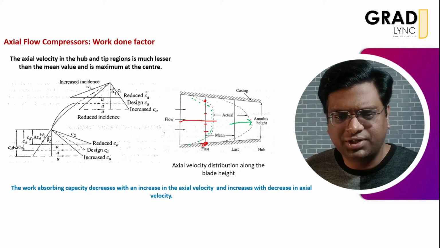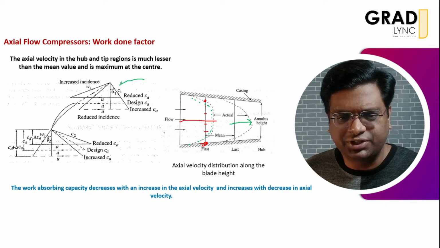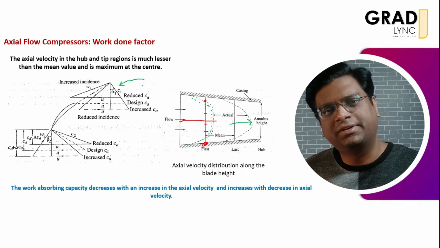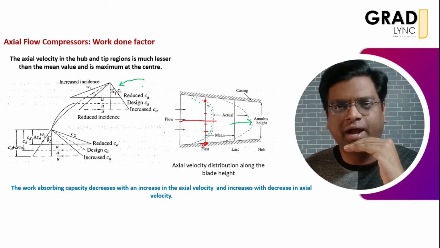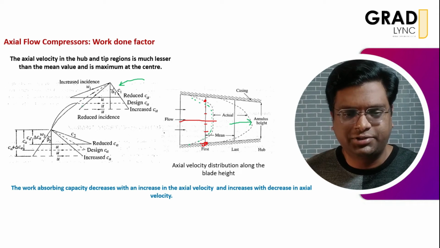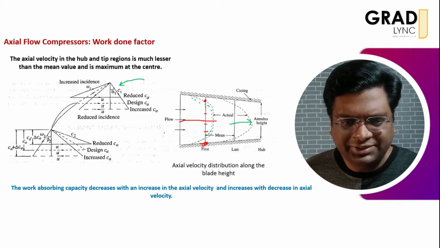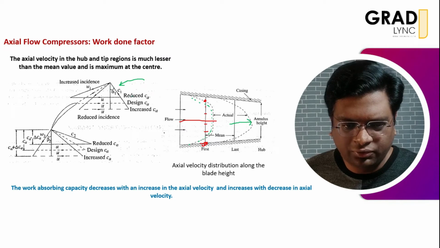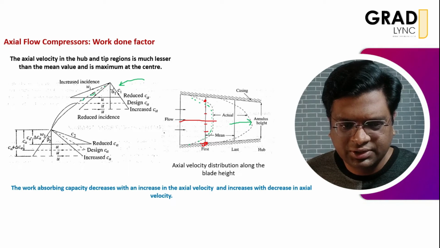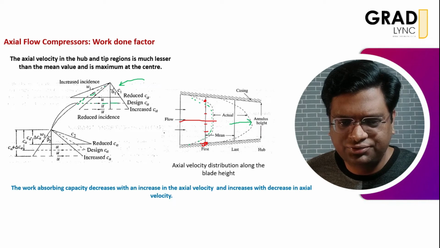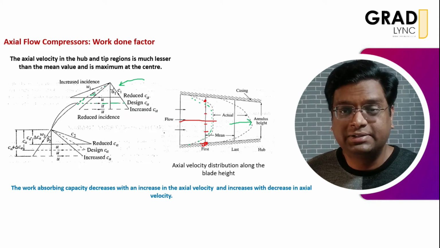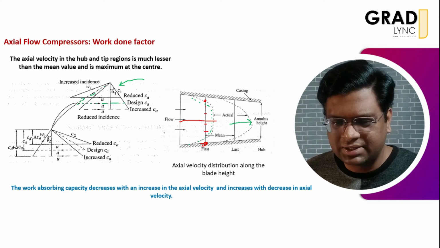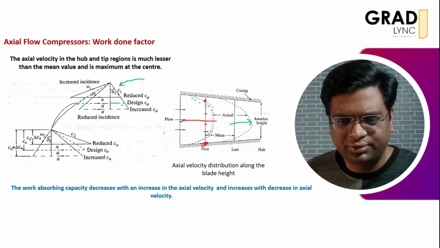So if I try to understand the velocity triangle for the same three cases, the hub, the mid portion and the tip, I get the following velocity triangles. Let's try to understand this. This dotted line represents the design value of axial velocity, the value of C1 for which the rotor blades are designed, right?